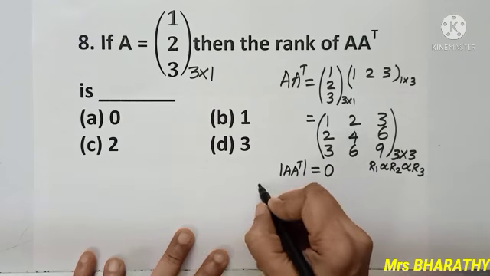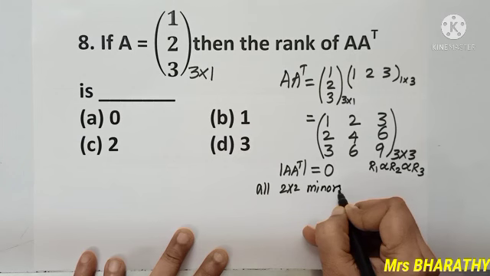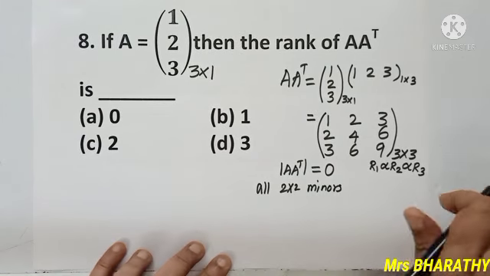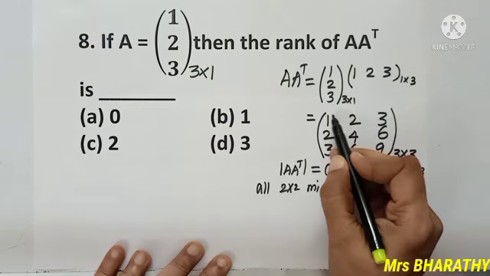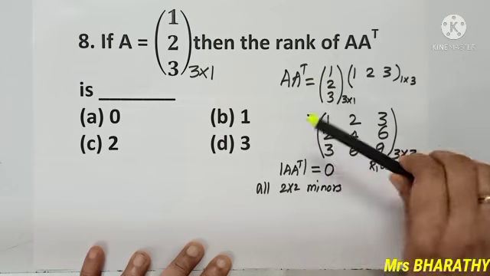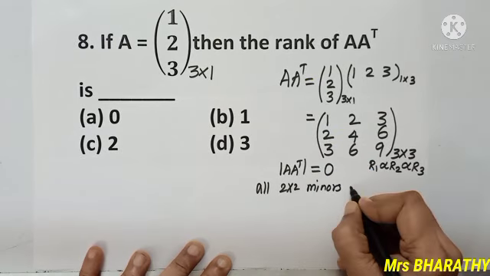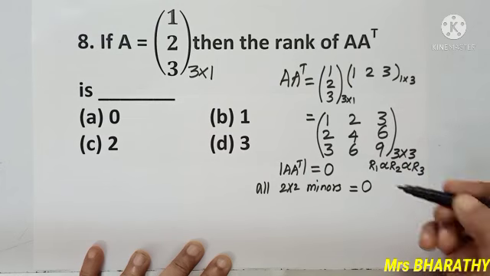Even if I take 2 by 2 minors, what do I mean by 2 by 2 minor? Hiding a row, hiding a column, I arrive at 2 by 2. All the 2 by 2 minors, however I hide, my answer will be 0 because all the rows are proportional.